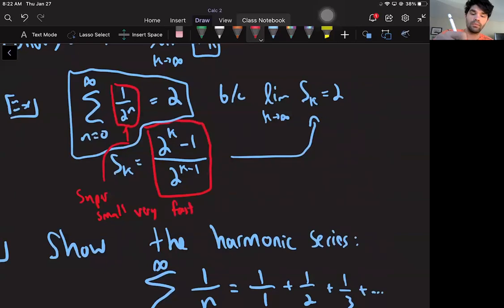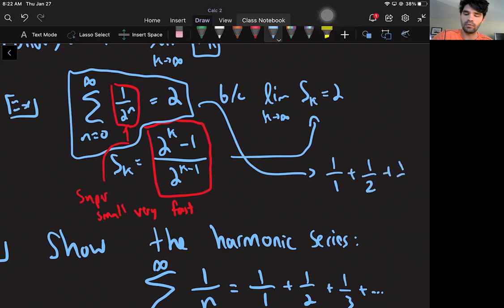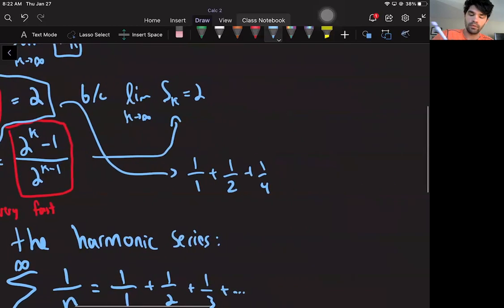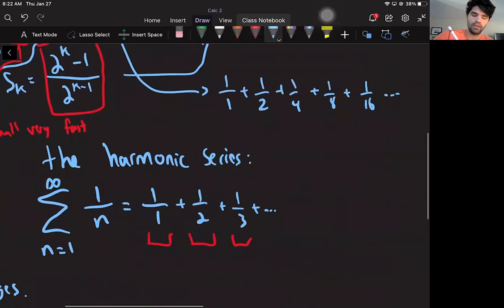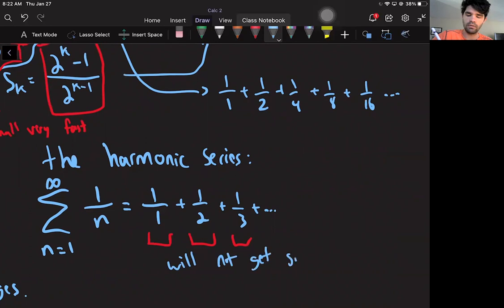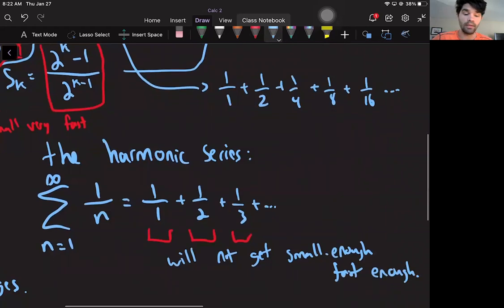So as you go down the sum, you get 1 over 1 plus 1 over 2 plus 1 over 4 plus 1 over 8 plus 1 over 16 and so on. Those numbers get very small very quickly. These ones will not get small enough fast enough. And that's really the difference in a conceptual way.